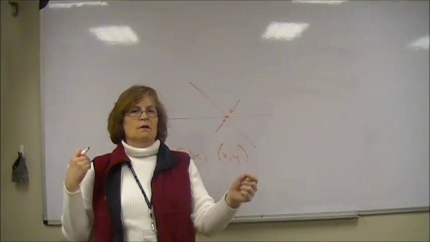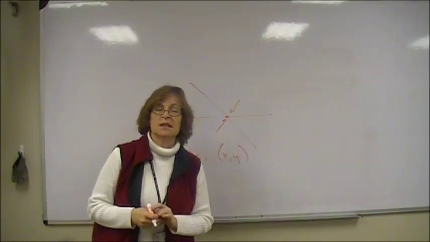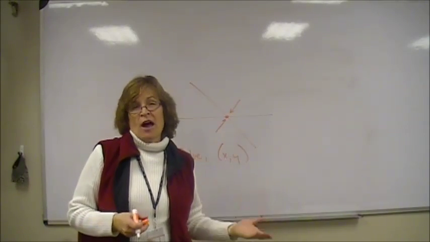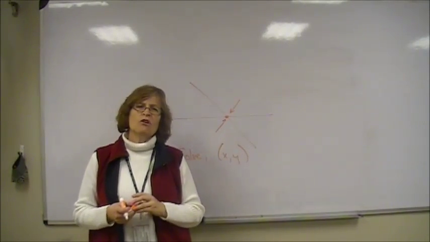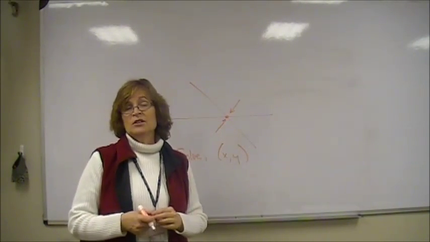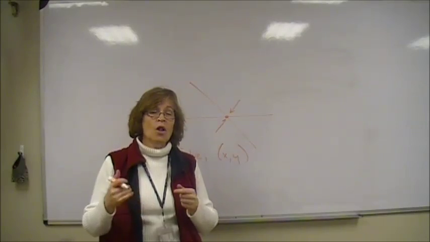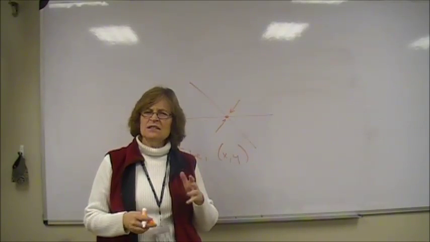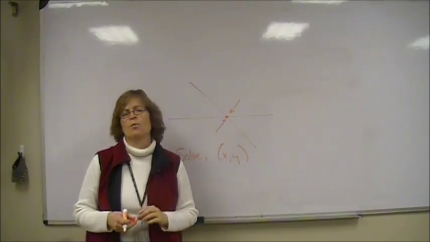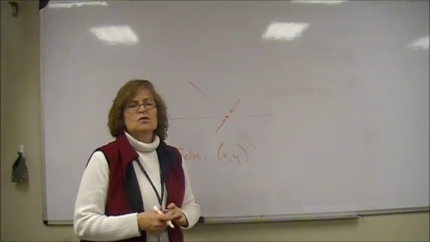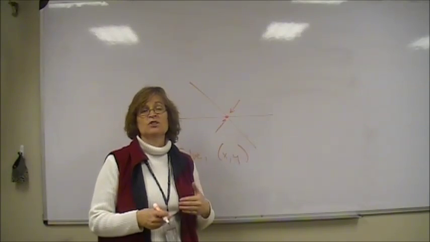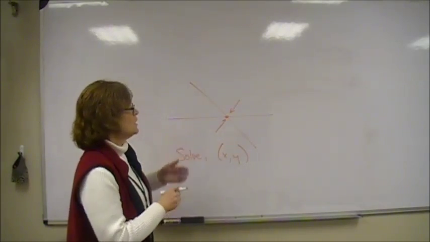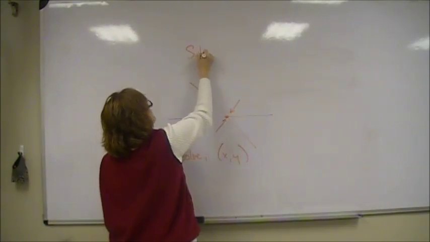Some of us in the first section of chapter 6 did some graphing, and you might have figured out that if you don't graph accurately, or the solutions aren't whole integers, it's a little scary to try to estimate where that point is. So instead of spending a lot of time on that, we're going to go to the next way, which is an algebraic way: solving by substitution.